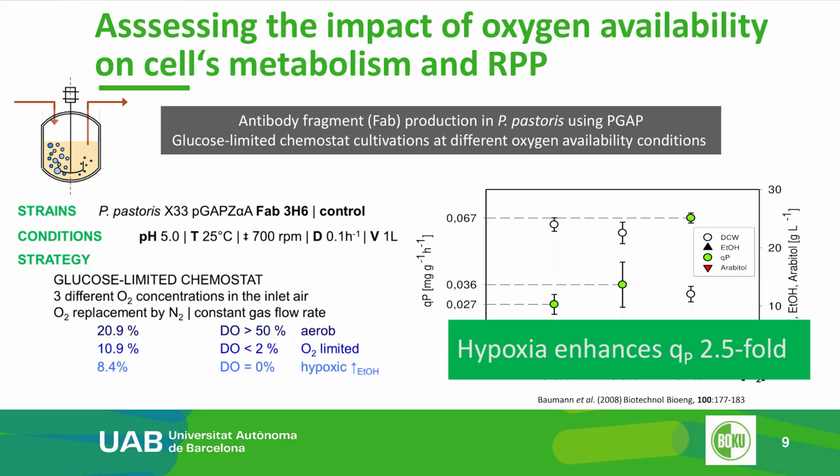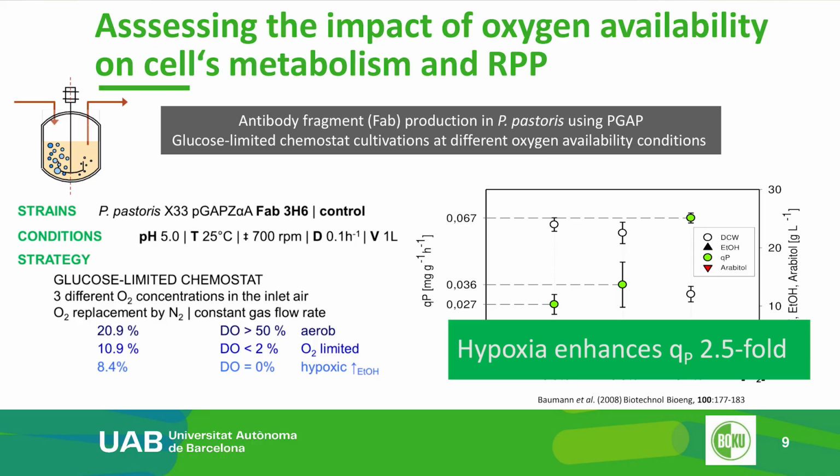The first one was actually work done with BOKU, now I realize that the BOKU logo is out of date, I need to update that. This work was done quite a while ago. We were interested in the impact of oxygen availability on the physiology of Pichia, using glucose as a carbon source.